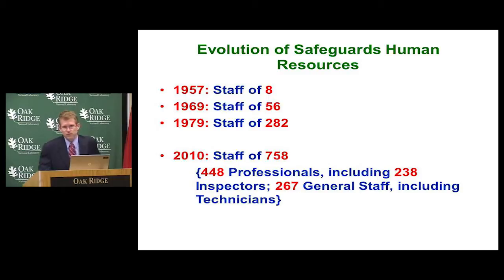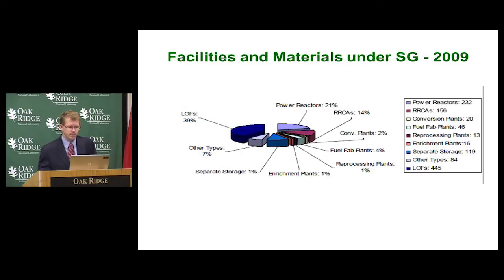And as you can see, this 267 really represents about 1/4 of all the professional staff within the IAEA Secretariat. A couple of facts and figures as to the responsibilities of the agency. Looking back at their last complete Safeguards implementation report of 2009, you can see the breakdown of facilities and materials under Safeguards, where 232 power reactors, 156 research reactors and critical assemblies.